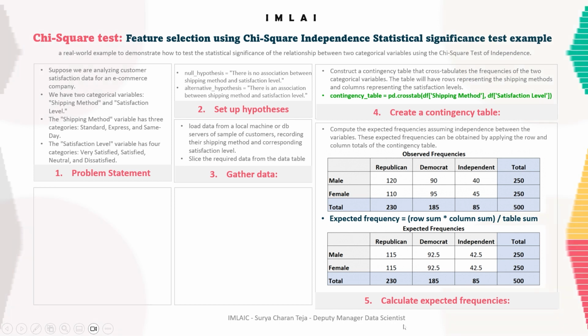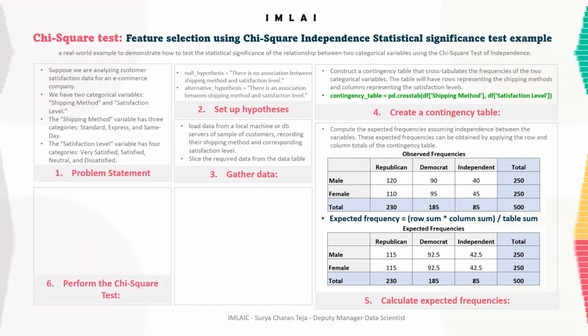That's how we calculate the expected frequency. We will be calculating expected frequency through the stats library, so it's just a second's job for that library. Now let's move on to the next and most important step, which is to perform the chi-square test.